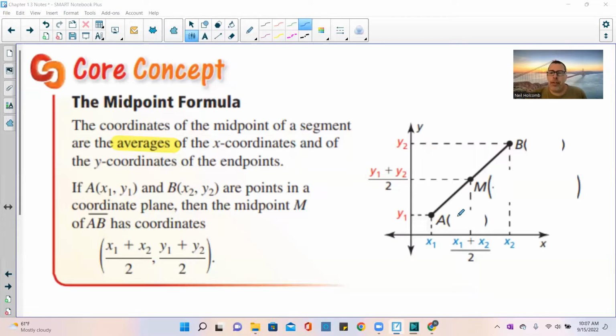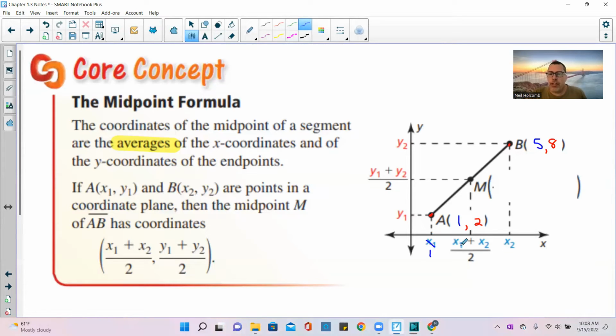Okay, so I'm going to make this value 1 right here, and I'm going to make this value 5. Those are my x's, and I'll do y's in red just like they did. And let's make this 2 and make this, I don't know, 8. So I have the point 1 comma 2, which is A, which is right here, and I have the point 5 comma 8. Well, all this is saying is that x sub 1, the x of my first point, is 1. So I'm not going to call that x sub 1 anymore. I'm going to call it 1.